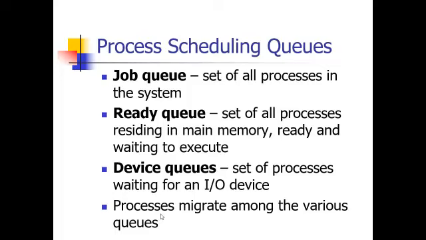So when there are multiple processes waiting for input-output operations, then those processes or jobs will be loaded into the device queue, managed by the device controller. So a process can migrate between these different types of queues based on the different requirements.